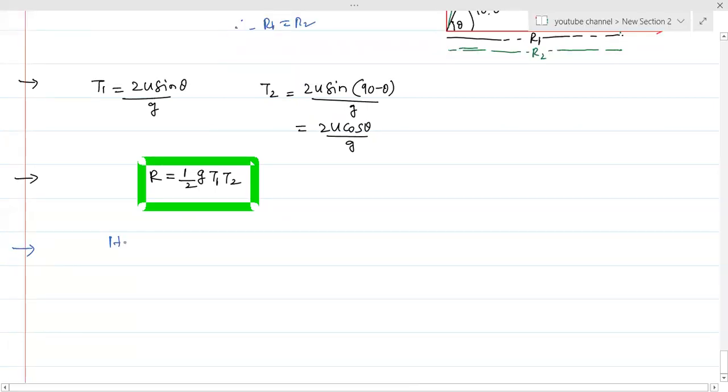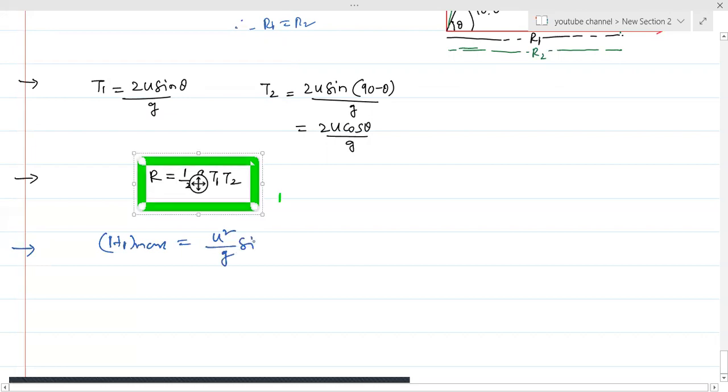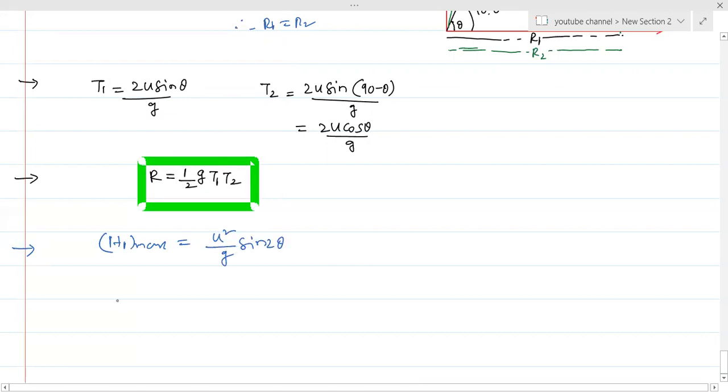And we are taking H1 maximum, u square sine square theta by 2g.